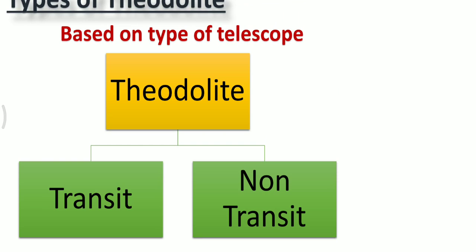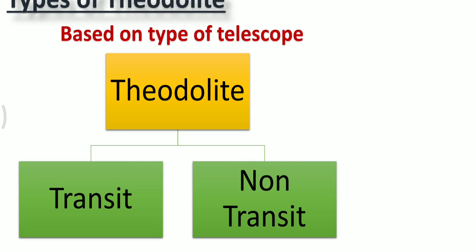That means with the help of a non-transit theodolite we cannot measure the vertical angle. We only measure the horizontal angles. So these are the two main types of theodolite based on the type of telescope.